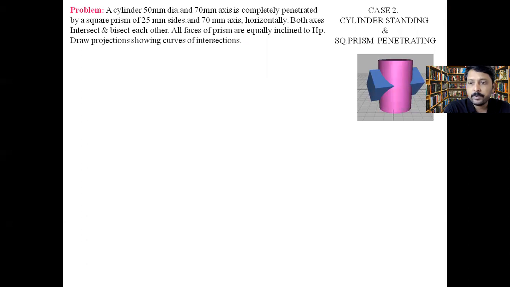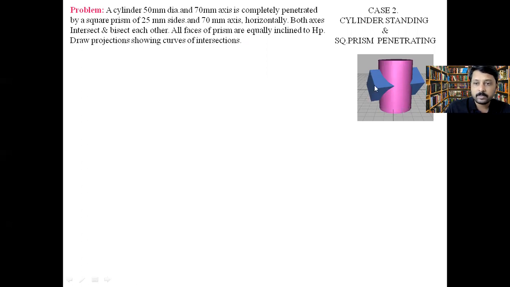So basically we have a cylinder, as you can see here. This is the cylinder of 50 mm diameter and height about 70 mm. So we have to draw its front view, top view and side view. Again, we have a prism. Now you know about prism. It is a square prism having 4 sides or faces, we can call 1, 2, 3 and 4.